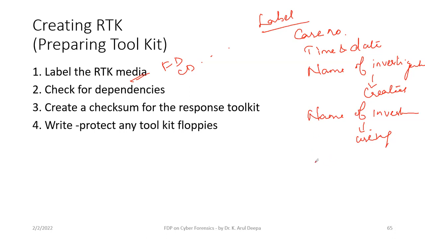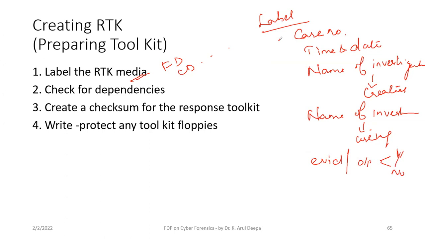In the same medium, are you going to keep the evidence, or the output files of all the tools that you applied? Yes or no? That information will be there in the label.